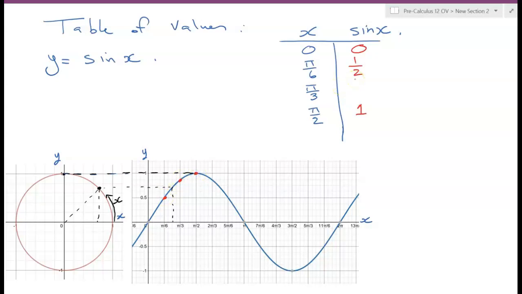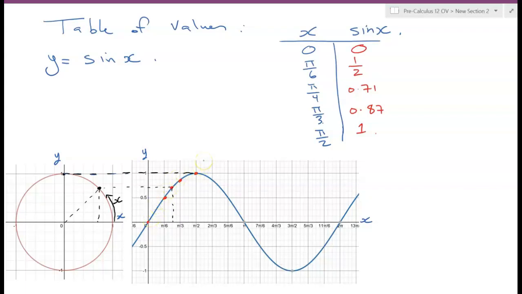And pi over 3 was 0.87. I could have put in pi over 4 as well. Actually, you know what, let's do that. So here are the first values between 0 and pi over 2, or 90 degrees. Notice that as you get these coordinates, you see a pattern being created.